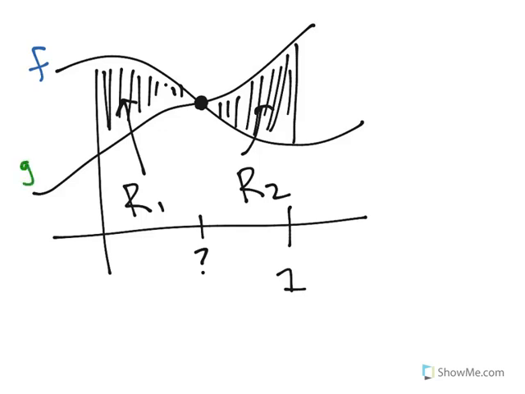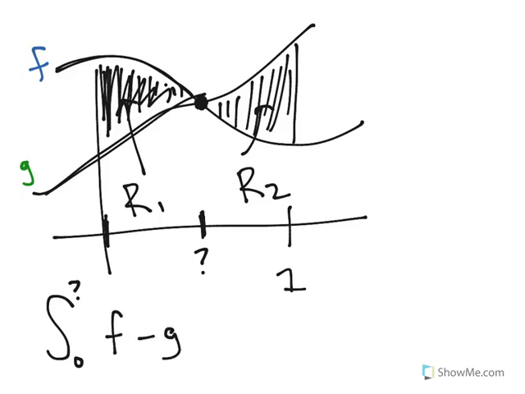So for your first integral, it would start at 0, and it would go to whatever this question mark is. So 0 up to wherever that point is where they cross, whatever that x value is. And in that interval, the first region over here, f is higher than g, so we should either do f minus g, or if you did g minus f, you just have to take the absolute value.